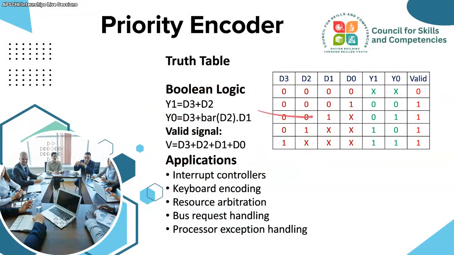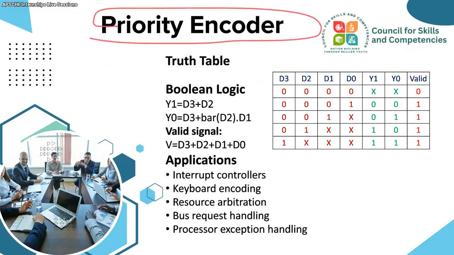If you see the truth table, this is the LSB and this is going to be the MSB. When all the bits are 0, the output Y1 is don't care, and the valid output is not set, because everything is 0, so the encoder need not do anything.